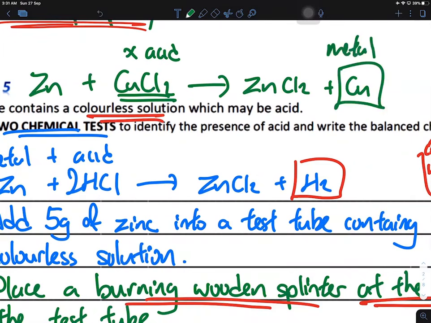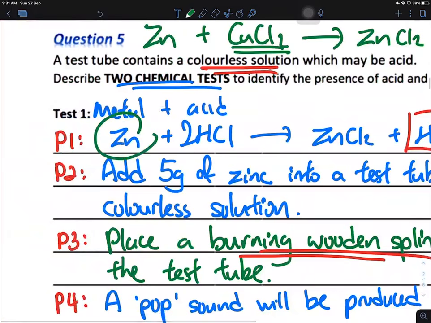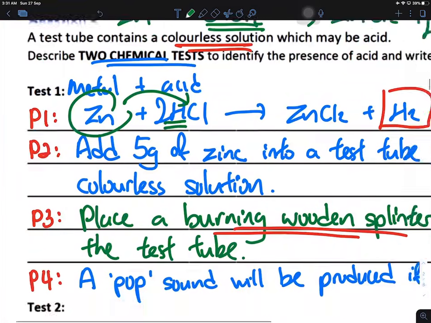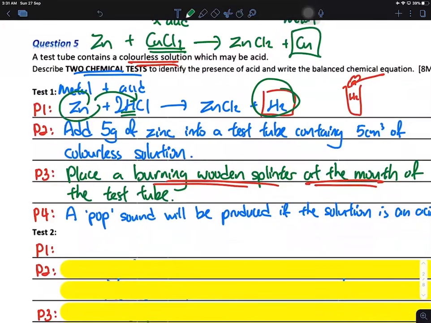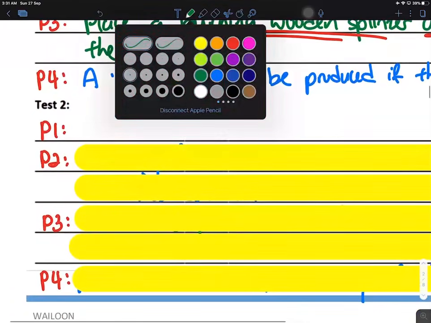When the reactive metal displaces the hydrogen ion, that's why it will always produce the hydrogen gas. This is why by testing the hydrogen gas, you will be able to tell whether the solution is acid or not.